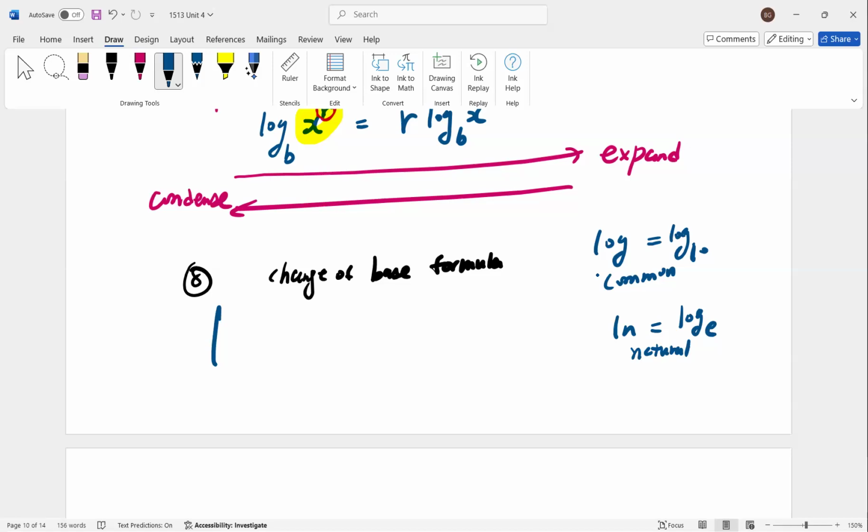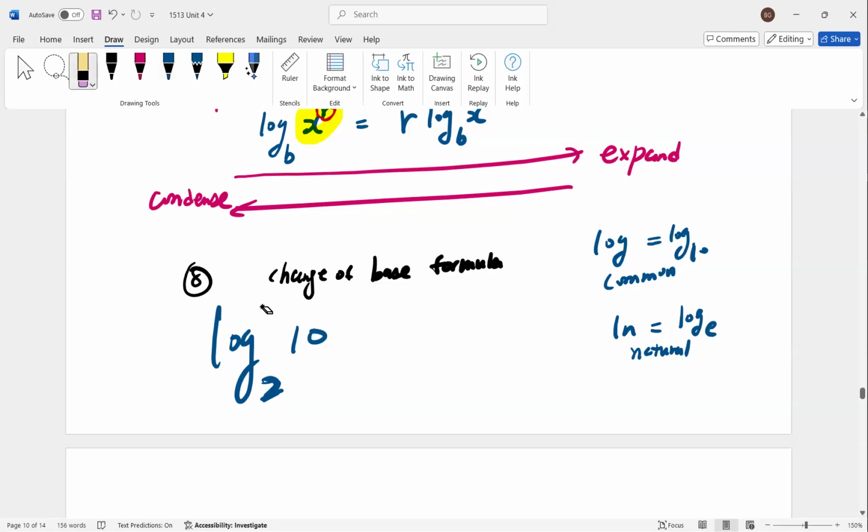But what if you need to compute log with base 2 of 10? Then you go to the calculator and you cannot evaluate this expression because you will not find a log function with base 2. The calculator only provides base 10 and base e.